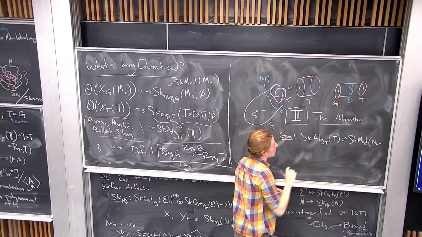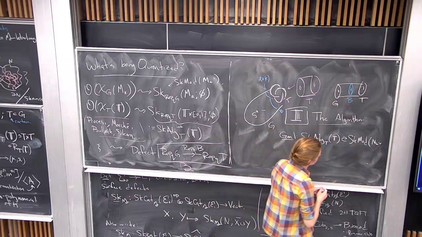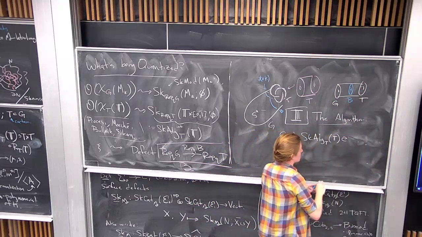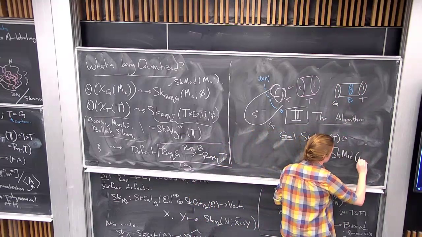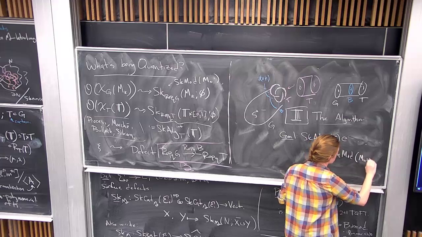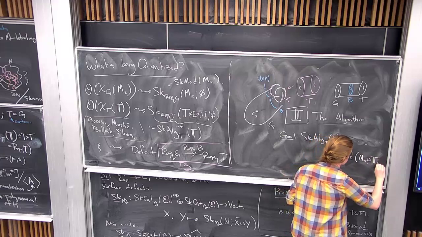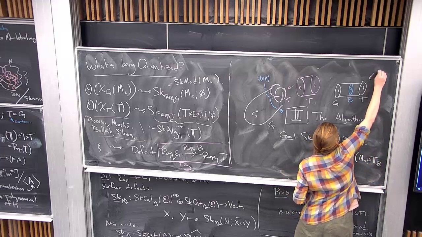I thickened my torus, so maybe I'll write it really big. The skein module of my M_K glued along this boundary component with this T_B. So let's call this thing T_B.